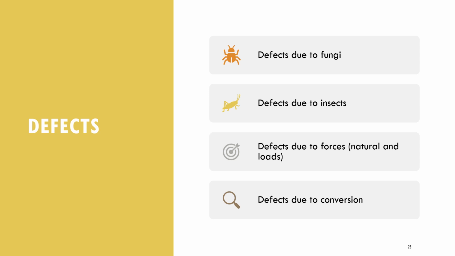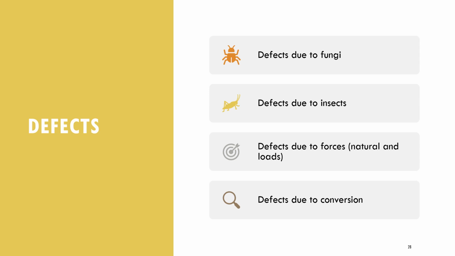Defects due to forces, so these can be natural forces from the weather, such as rain, or they can be loads, so external loads imposed on the structure. There's certain defects that happen in compression and in tension. There's also defects that occur due to the conversion process.